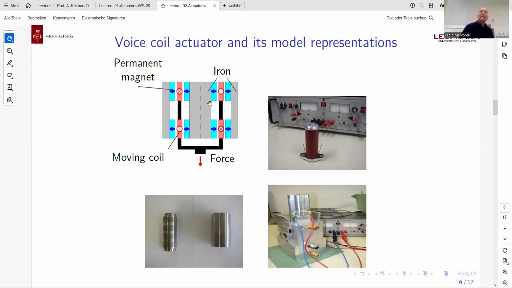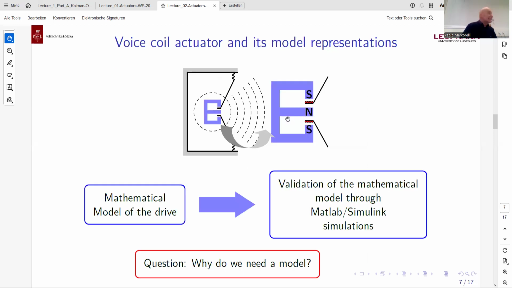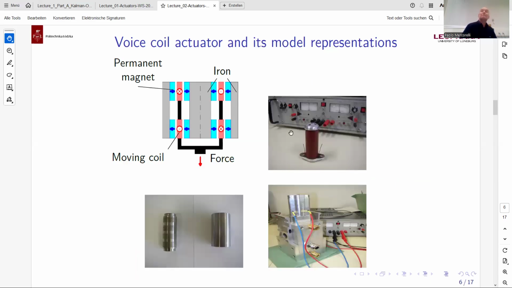And inside the cylinder, we have again permanent magnet here, and something ferromagnetic to close the magnetic circuit. But anyway, just to understand the principle. This principle is this one. Voice coil. The same.